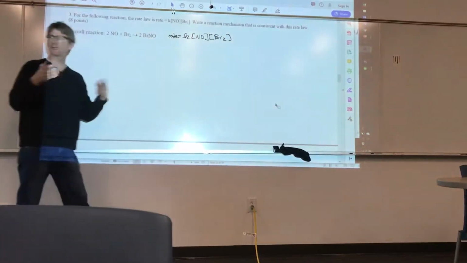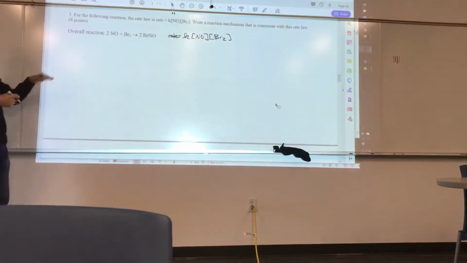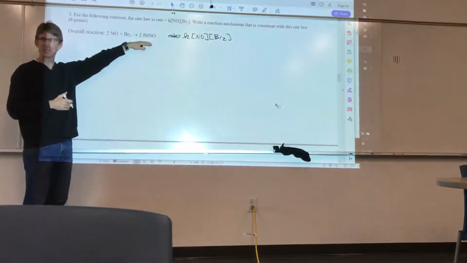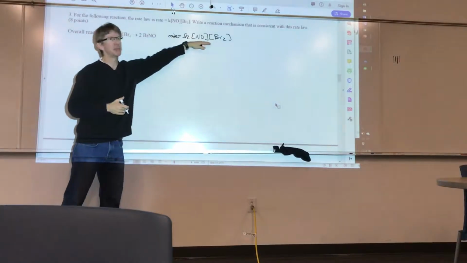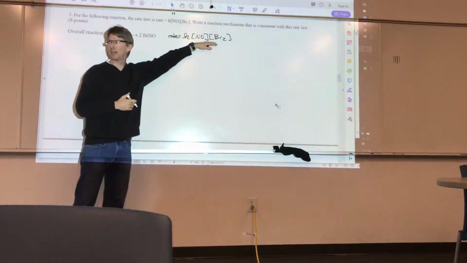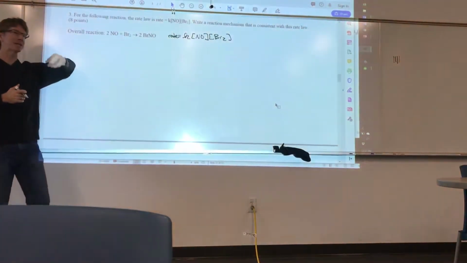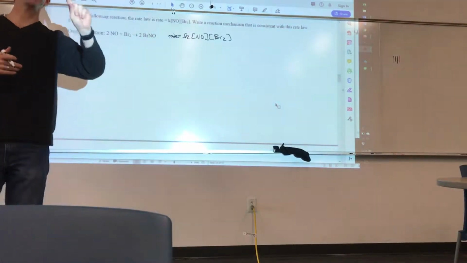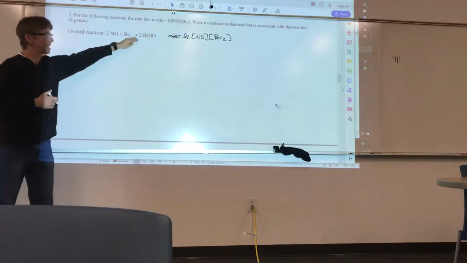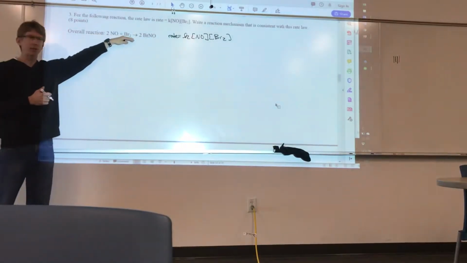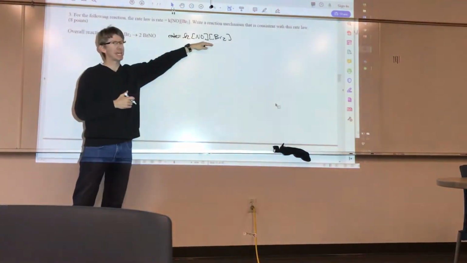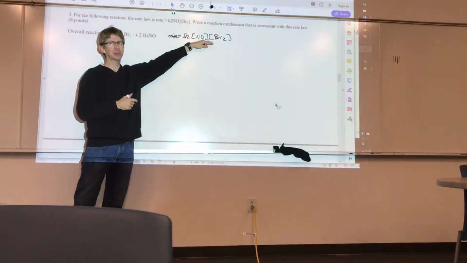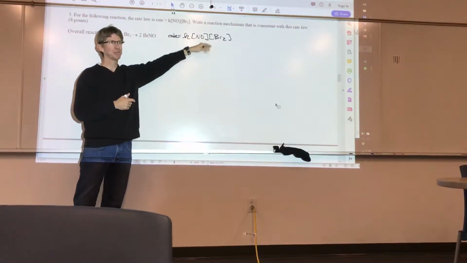Just to start, my organizational technique is that when I have an overall reaction, I write the experimentally determined rate law right there, because a reaction mechanism has two things. One, the steps have to add up to the overall reaction, and it has to have a rate law that agrees with the experimentally determined rate law.